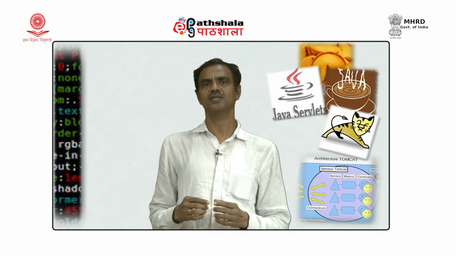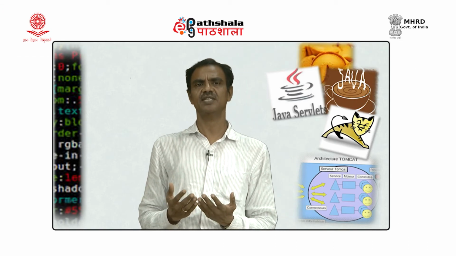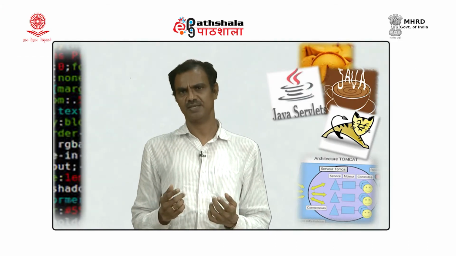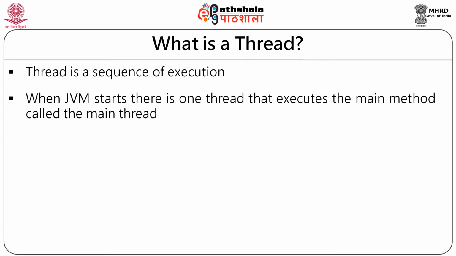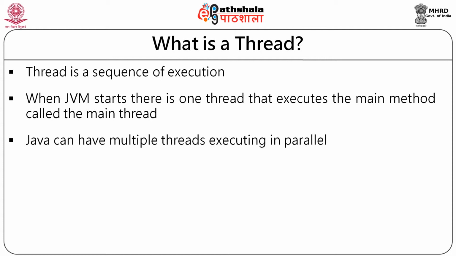So, let us start by understanding what is a thread. A thread is a sequence of execution. When the JVM starts, the first thing it does is it starts the execution of main method in a thread called main, but main is not the only thread available in the JVM.